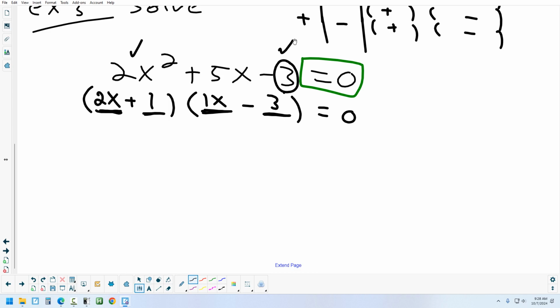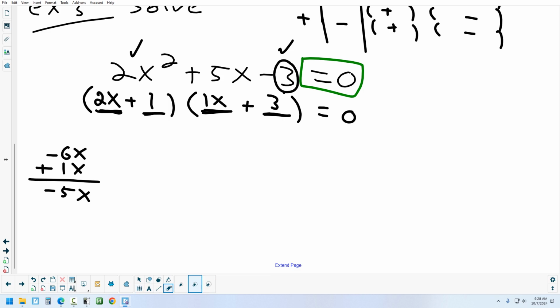What's 2x times negative 3? Negative 6x. And what's 1x times 1? 1x. What's negative 6x plus 1x? Negative 5x. Okay. Is that what I had in the middle? No, it's the wrong sign. So that means we just have to switch the signs.